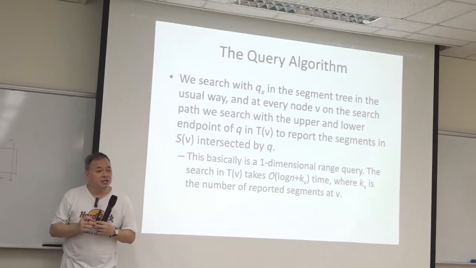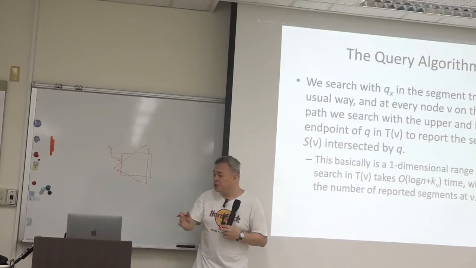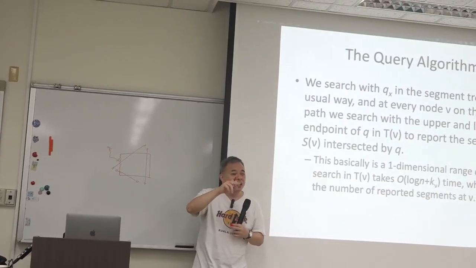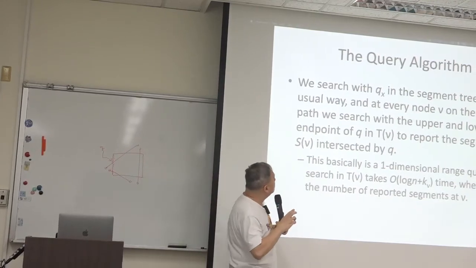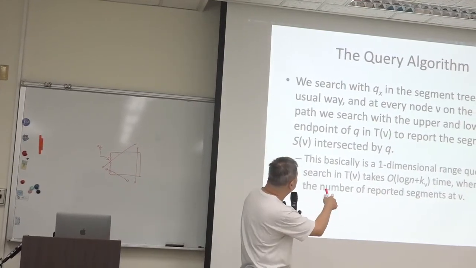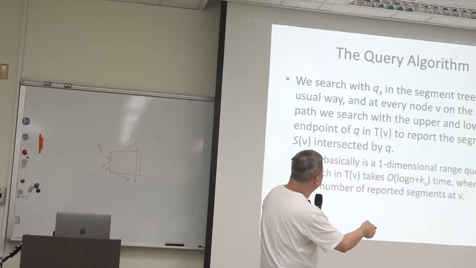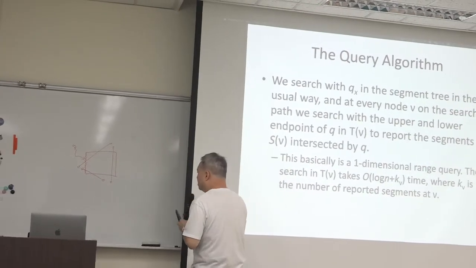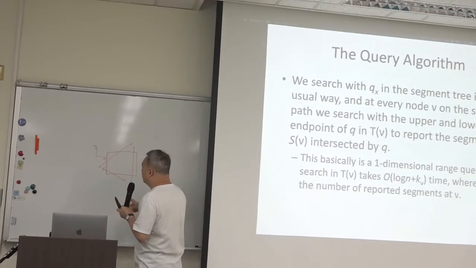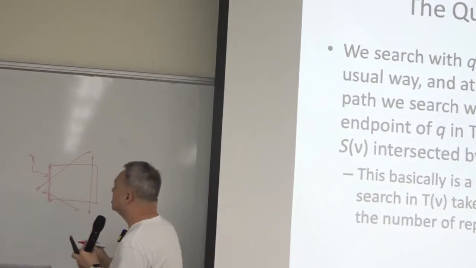The x coordinate value of Q is Qx, and the y coordinate value of Q is here. We search with the upper and lower endpoint of Q, so we search these 2 endpoints.